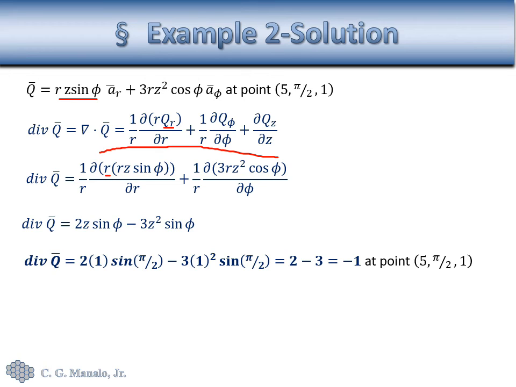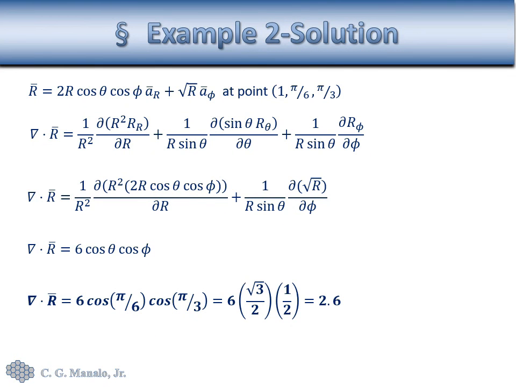So we will get r squared z sine phi, and the partial derivative with respect to r will give us 2rz sine phi, which the r cancels, so that will give us 2z sine phi. Here, this is treated as a constant, so r here and r there will cancel, and the derivative of cosine phi is negative sine phi, so we will get this term. Substituting the points, we will get a negative divergence equal to -1.